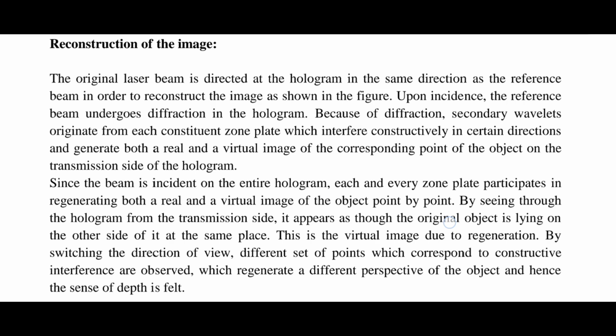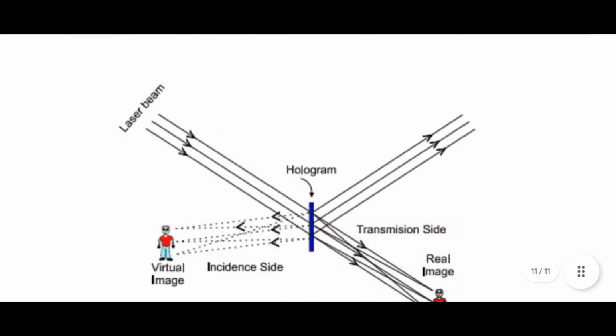Both a real and a virtual image of the corresponding point of the object on the transmission side are obtained. Since the beam falls on the entire hologram, each zone plate participates in the regeneration of both the real and virtual image.